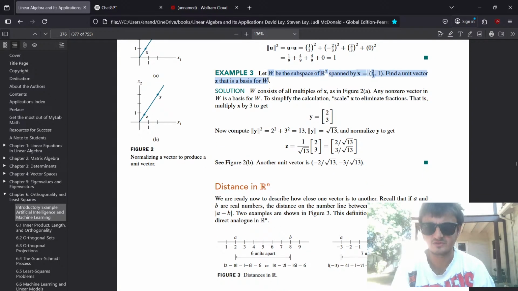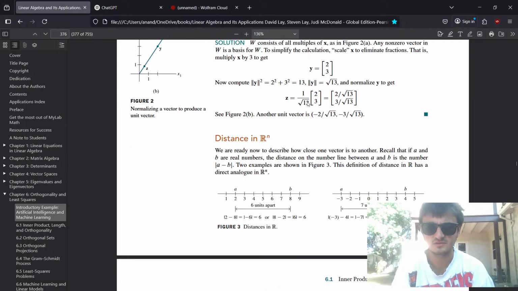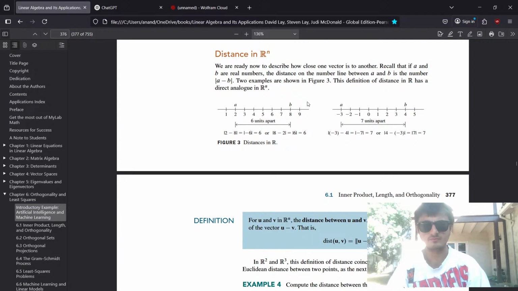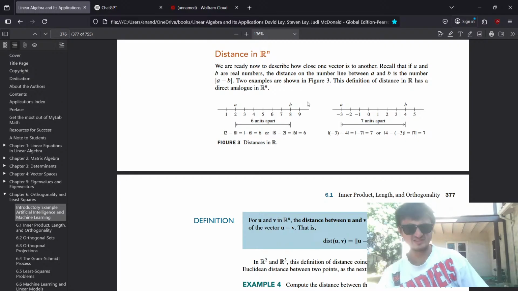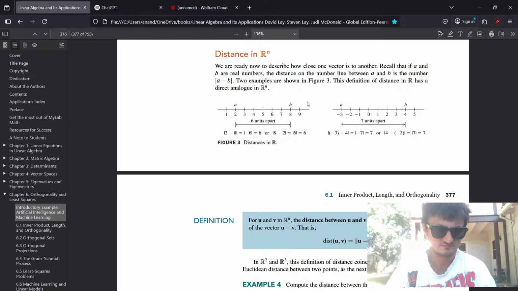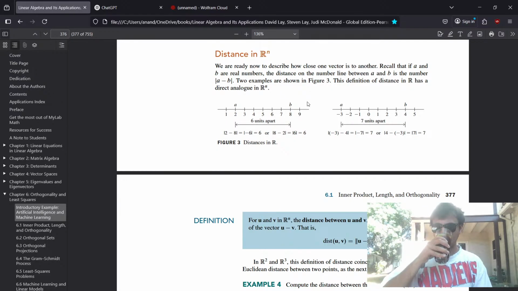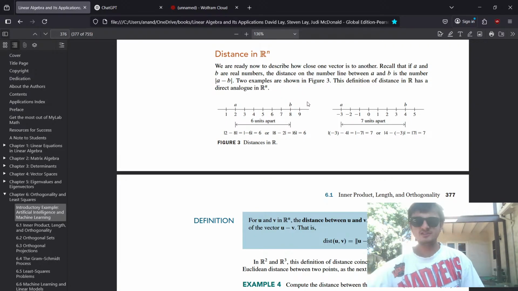Let W be the subspace of R2 spanned by this vector. Find a unit vector Z that is a basis for W. Okay, pretty basic. Distance in Rn. We are now ready to describe how close one vector is to another. Recall, if A and B are real numbers, the distance on the number line between A and B is the absolute value of A minus B. Two examples are shown.